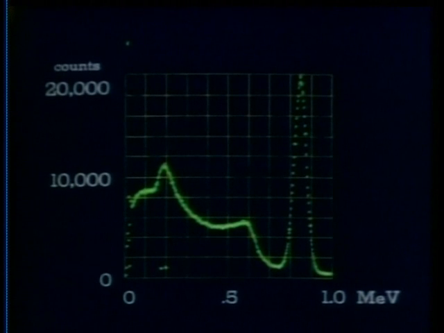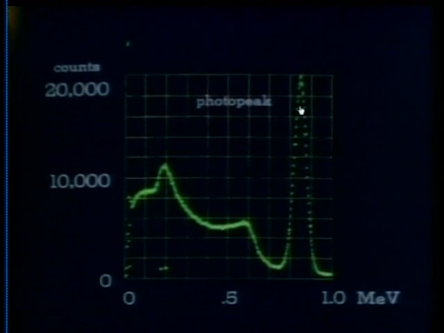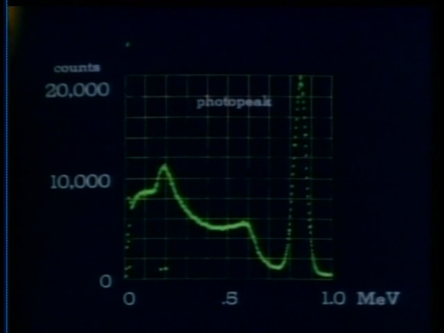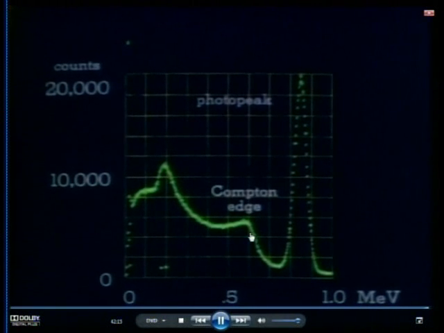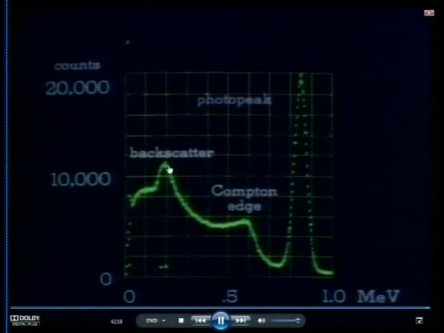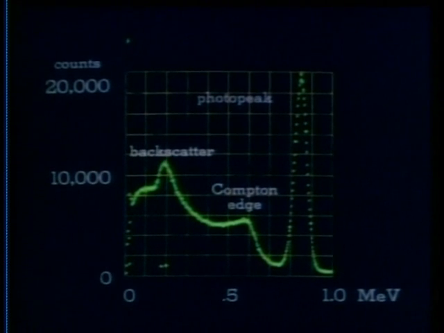The photo peak at 0.85 MeV gives the energy of the gamma ray photons. The Compton edge is at about 0.6 MeV, and the backscatter peak is at about 0.2 MeV. These last two features are secondary effects caused by the scattering of gamma rays by the electrons in the crystal and in the shield.